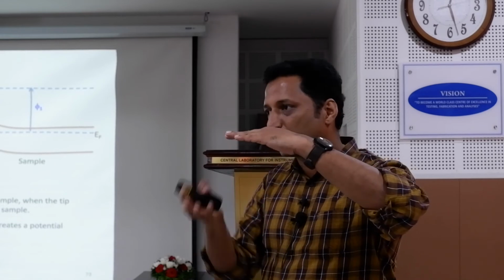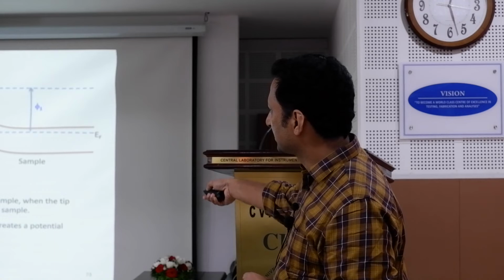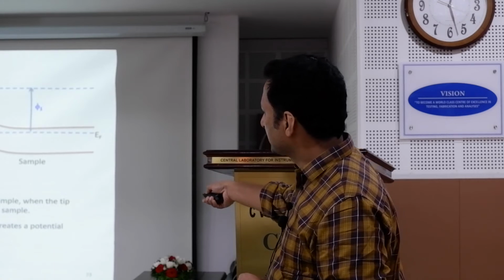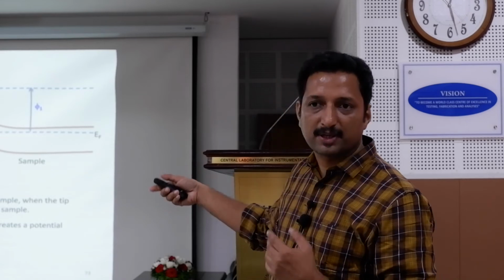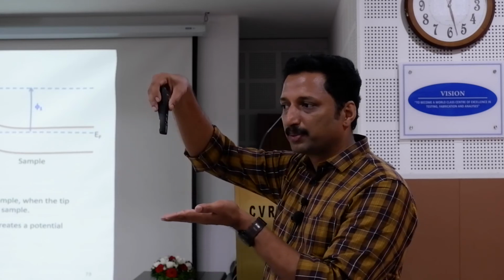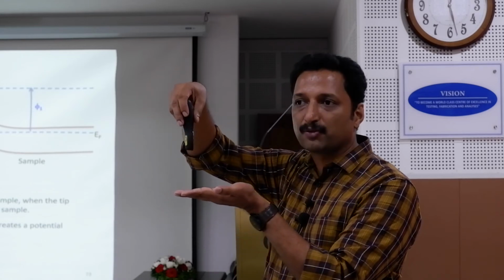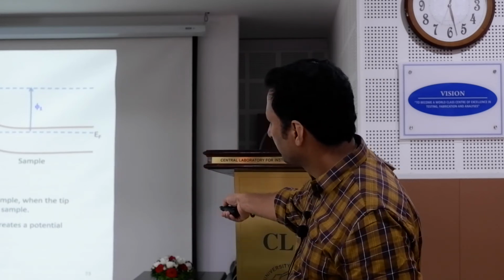So the tip is coated with platinum, and suppose this is the work function of platinum. This is the platinum tip and this is the sample, and you see the sample has a different work function compared to platinum. Now if you bring two materials of different work function together, you see the Fermi level is different.